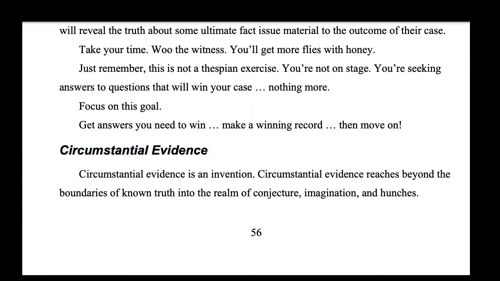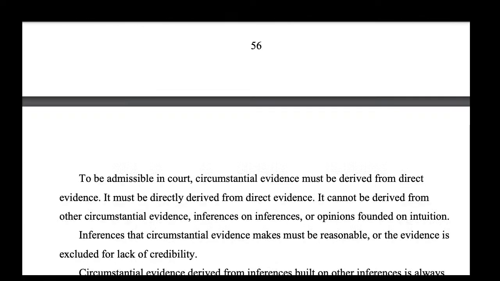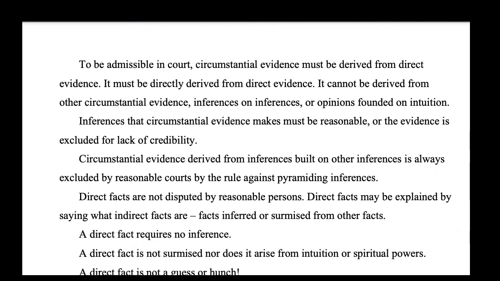All right, we're on to circumstantial evidence. Circumstantial evidence is an invention. Circumstantial evidence reaches beyond the boundaries of known truth into the realm of conjecture, imagination, and hunches. To be admissible in court, circumstantial evidence must be derived from direct evidence.